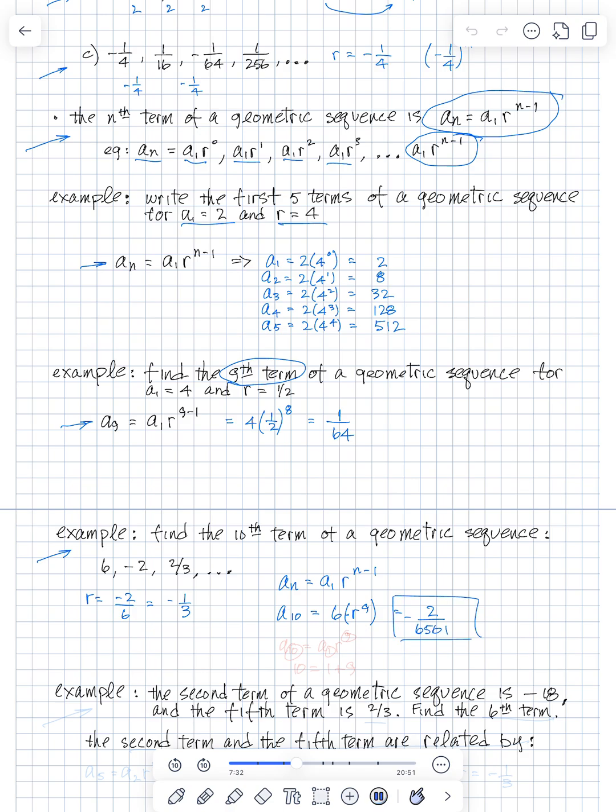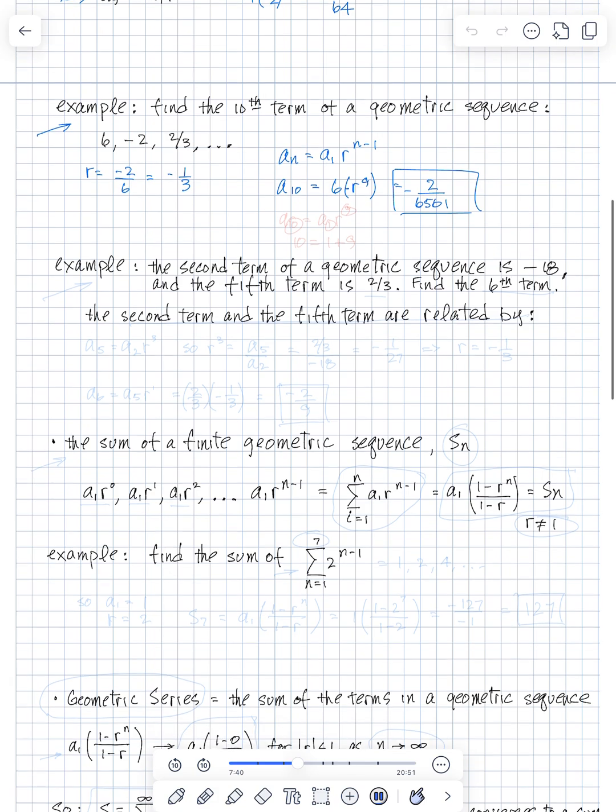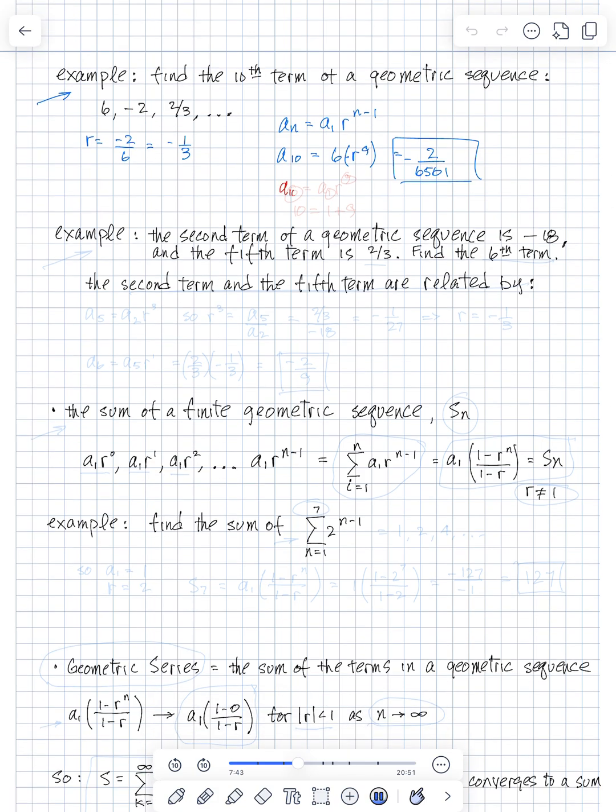Okay, 10th term. Now, one thing to note before we go on to the next example, we have a10 is equal to a1 r to the 9th, and we can use this relationship for any number of terms, where 10 is equal to 1 plus 9.